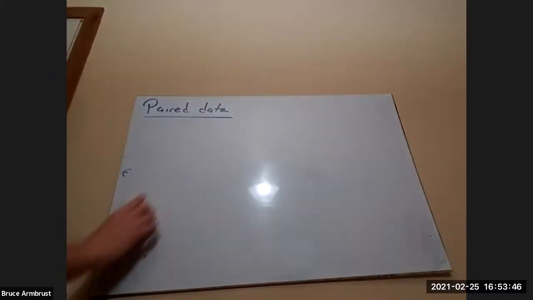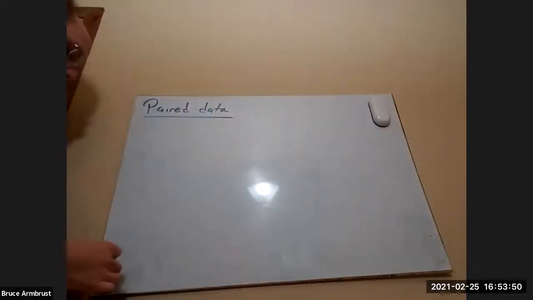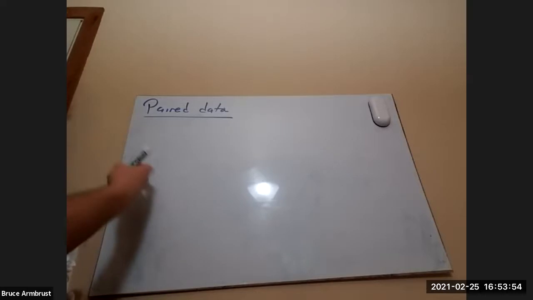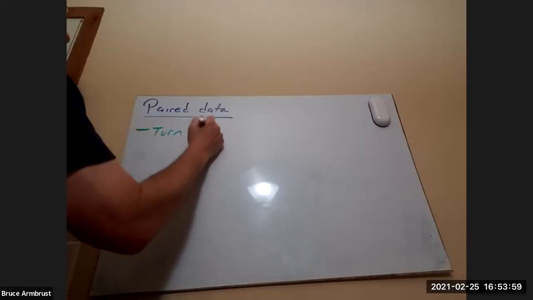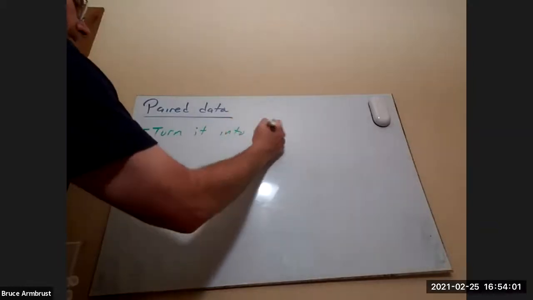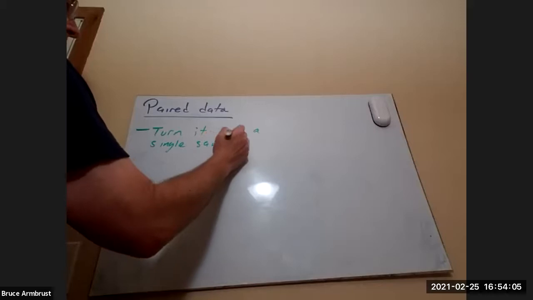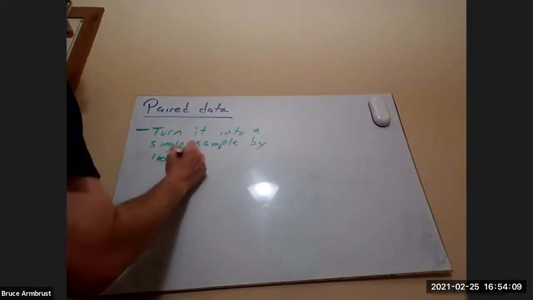Well, here's the trick. We actually turn it into a one sample set. Okay, so what we're going to do is we're actually going to turn it into a single sample by looking at the difference.